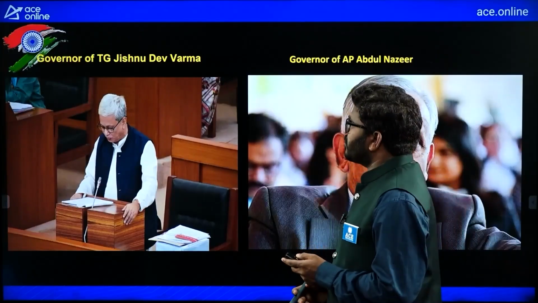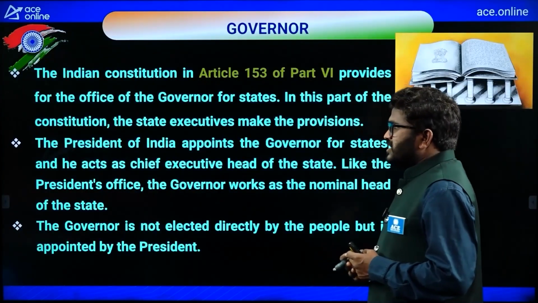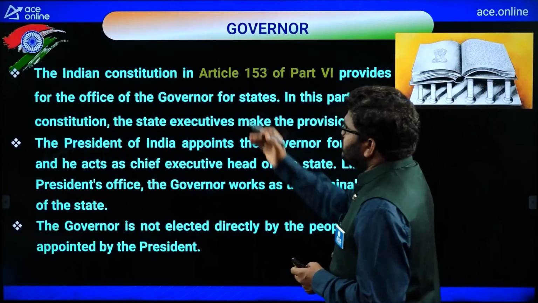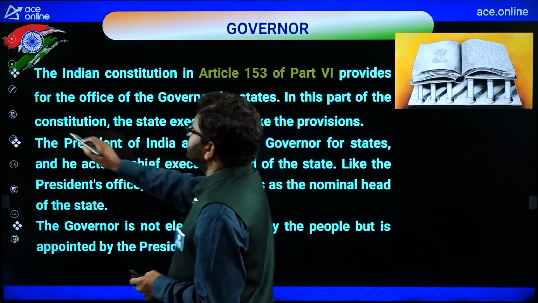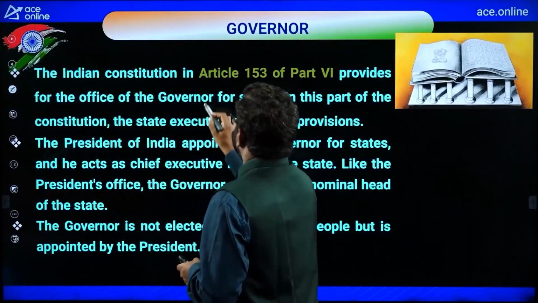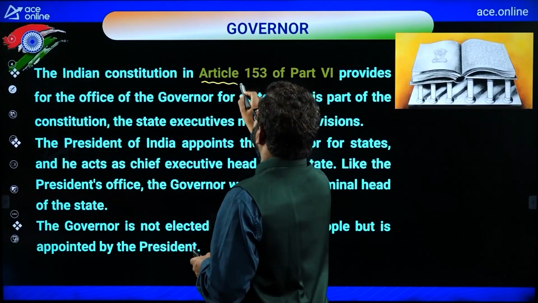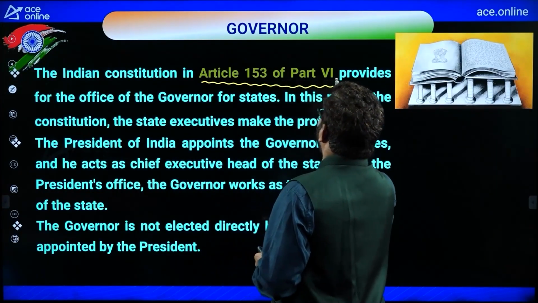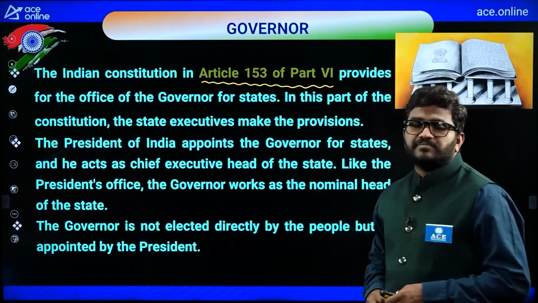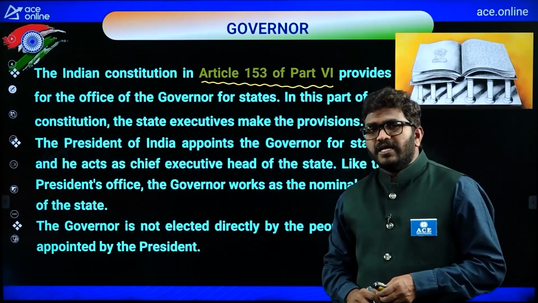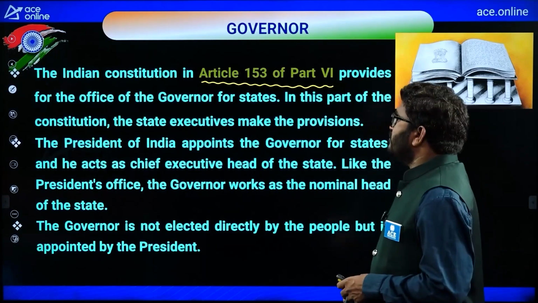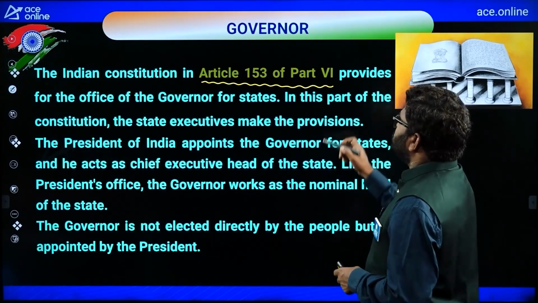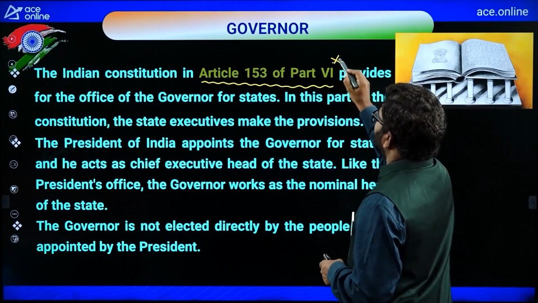Now, as per the Indian Constitution, article 153 of part 6 gives the information about the governor of the state.